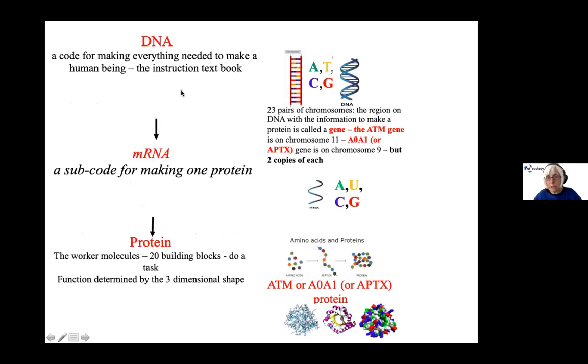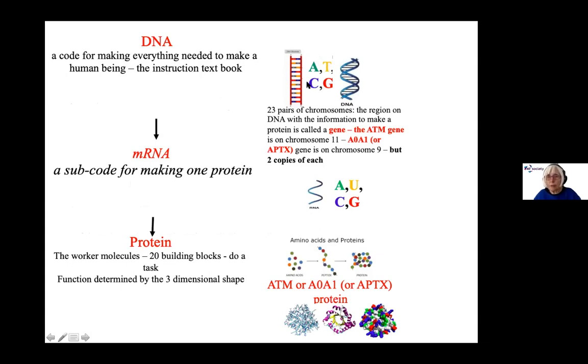So I'm building on what I've told you before, but I'll try to just go over everything so that this talk stands alone. Your DNA is the code that makes everything that we need to make the human body. You can think about it as an instruction booklet.